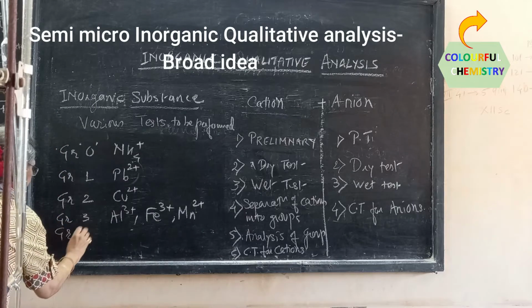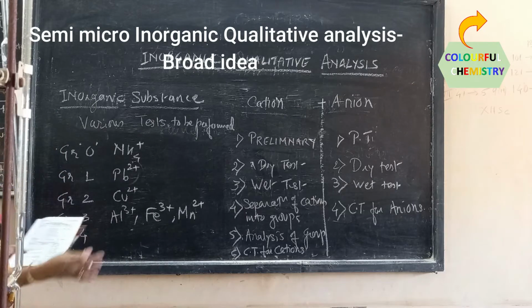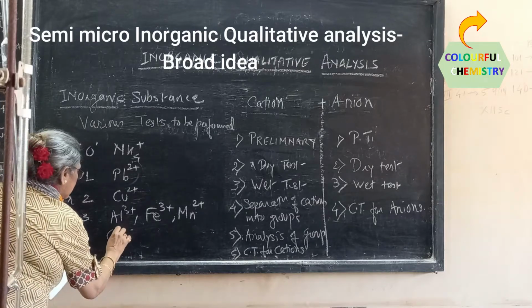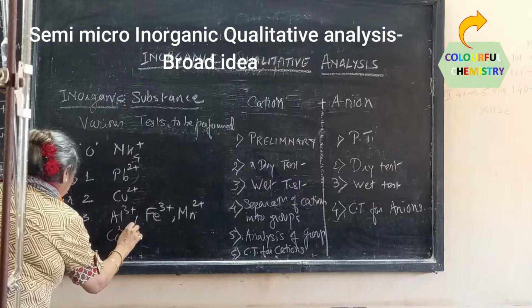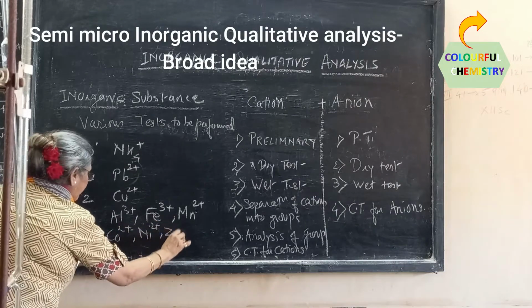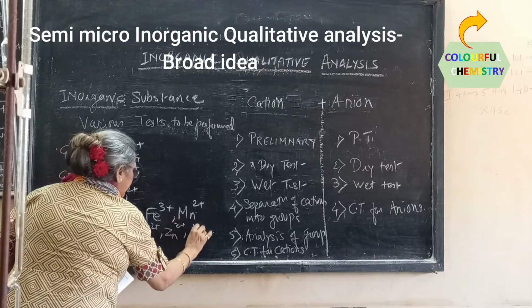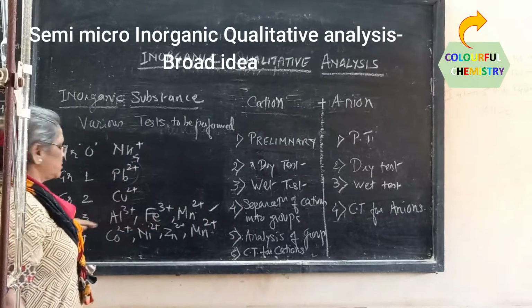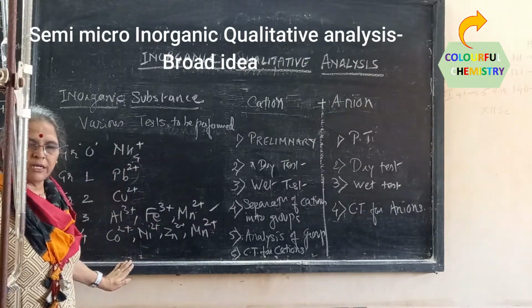Under group 4, the cations grouped together are cobalt bivalent ion, nickel bivalent ion, zinc bivalent ion, and manganese again. So manganese will be detected either in group 3 or in group 4.